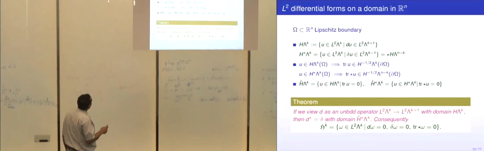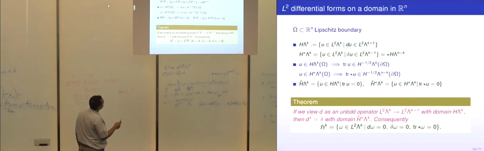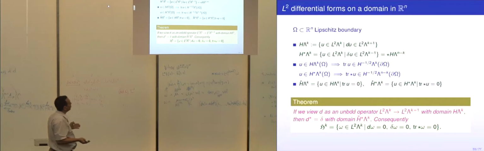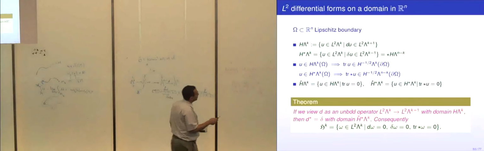Okay? Now we have a slight bit of analysis. You can prove that a function in H lambda k has a trace which is in the space H minus a half lambda k. So in other words, you define the Sobolev space H plus a half lambda k on the boundary, which just means differential forms whose coefficients are in H plus a half, and it's possible to make sense out of this integral.